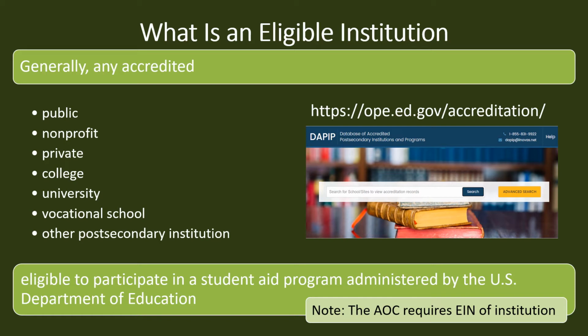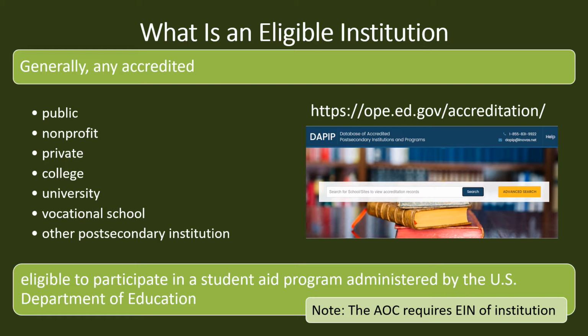They must be eligible to participate in a student aid program administered by the U.S. Department of Education. And there's a tool online, you'll see the link there, where you can look up the institution to see that it was eligible. And if our taxpayers are getting Form 1098-T, their institution was eligible.